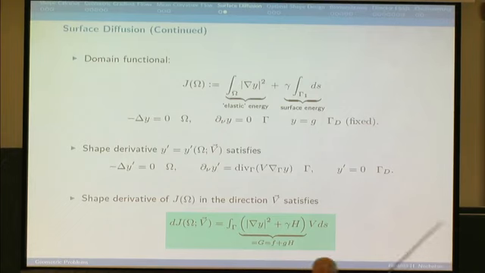If you do that, you have to do some calculus. You have to find what the equation of the shape derivative of y is. The shape derivative of y is a solution of another problem with certain boundary conditions. This requires some checking, which I'm not doing. Then you end up with this, which is exactly the formula mentioned before. Okay?